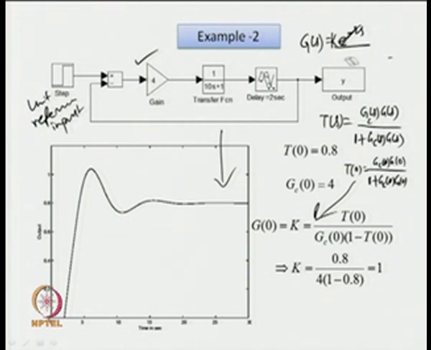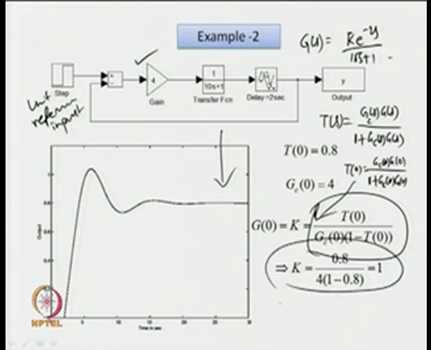Then G(0) can be estimated from the equation: k is equal to T(0) upon G_c(0) times (1 minus T(0)), which is 1.